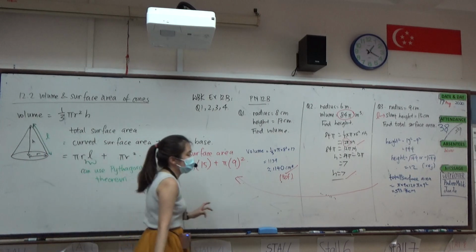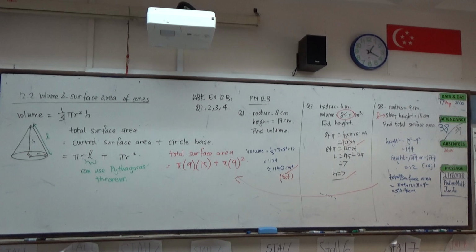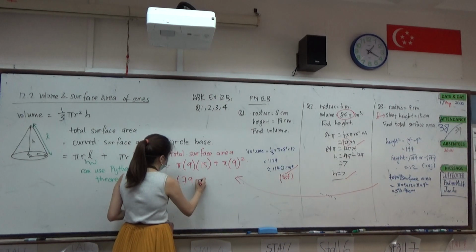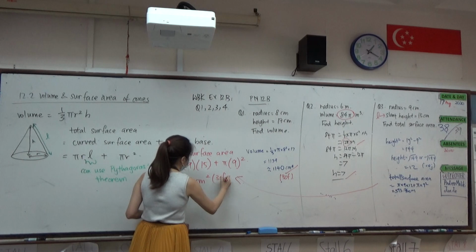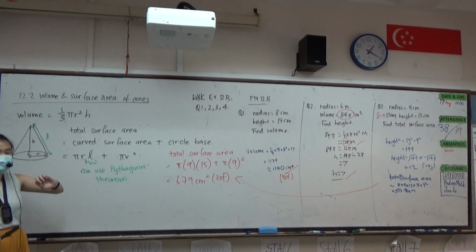It was in this case a straightforward substitution of values such that we get our answer to be 679 cm squared when rounded to 3 s.f. Correct. Okay, got it? Any questions?